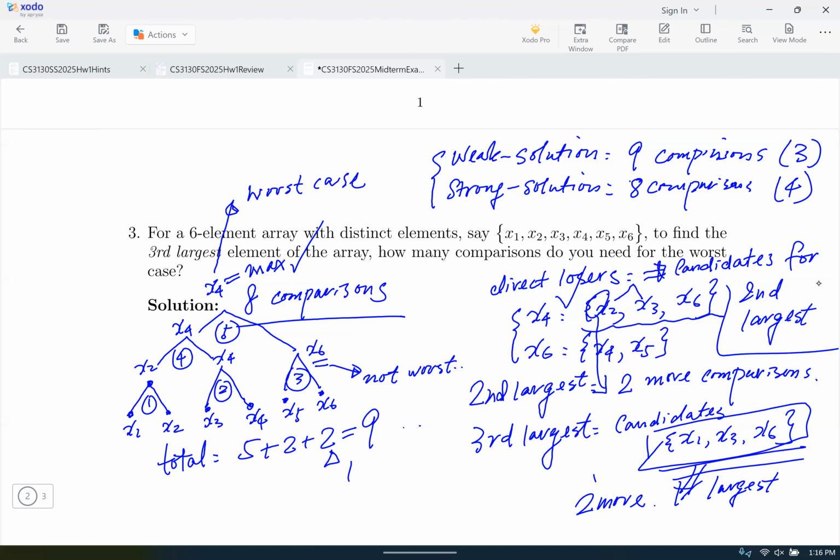I drew a diagram, pretty long, pretty complicated. But you can target a weak solution, right? So for the very hard questions, you just try to earn as many points as you can. You do not have to be perfect. Try your best. So this weak solution way is pretty good.